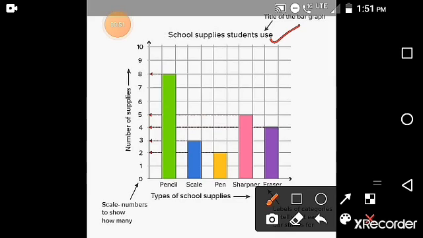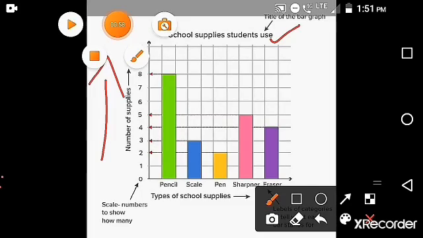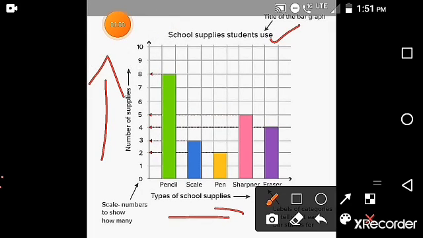And the second one is the labeling on both the axes. So you know this is the vertical axis and this is the horizontal axis. In both the axes you can see the labeling. In the vertical axis it shows the number of supplies and in the horizontal axis it shows the types of school supplies. So this is the labeling work.